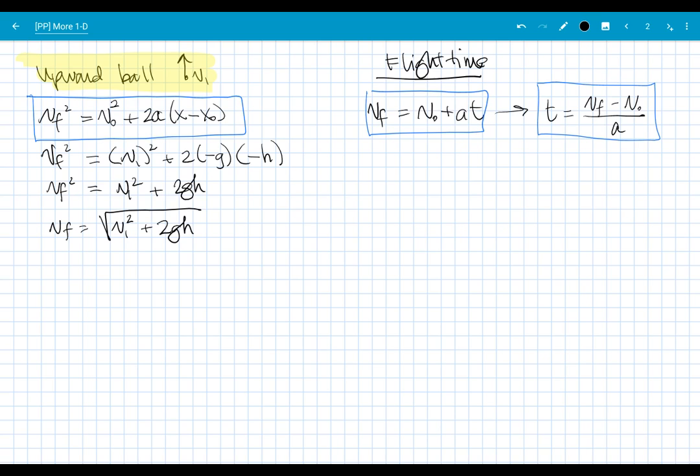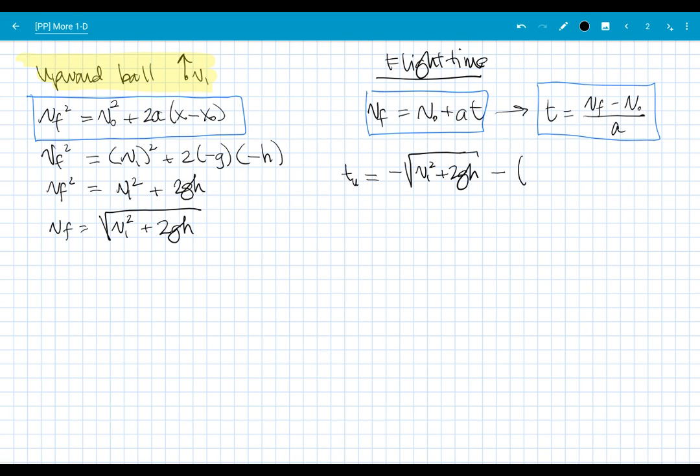So if we're going to apply it to our situation, I'll call this t upward for the ball that was thrown upward here. It will be equal to, now this V final here again is downward directed. It's still negative. So negative square root V1 squared plus 2gh, minus V initial.